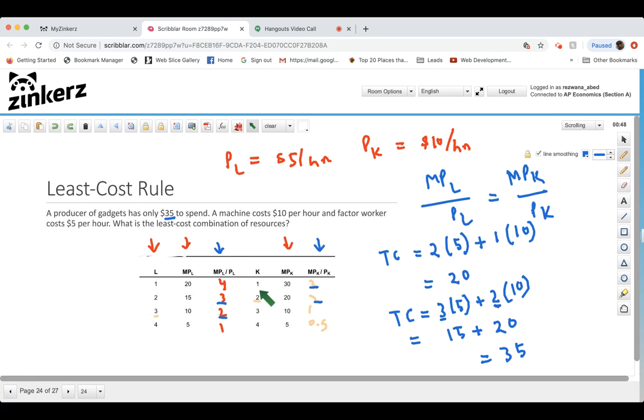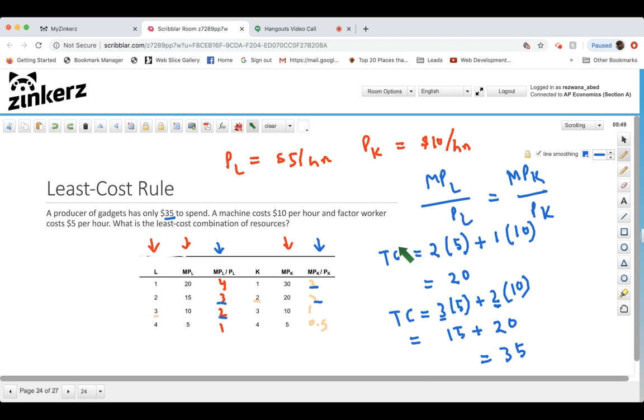And what we then looked for is instances where the ratios were equal to each other. So we had 2 instances, 3 and 3, where the corresponding number is 2 labor and 1 capital. And then the other one was 2 and 2, where the corresponding labor was 3 and the corresponding number of machines was 2.